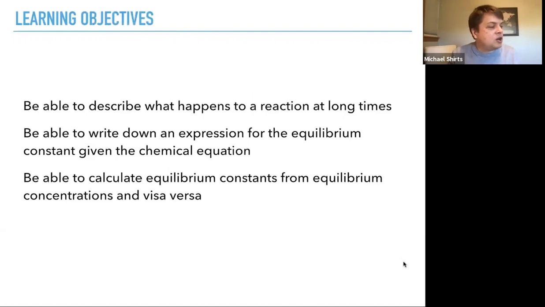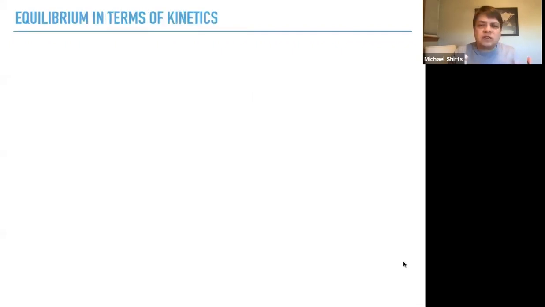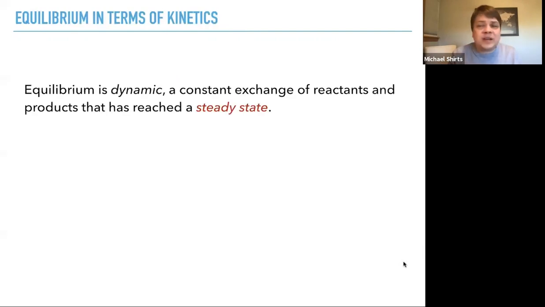Okay, so the easiest way to think about equilibrium, I think, is in terms of kinetics. There's other ways to get at it, but we're going to think about it in terms of the kinetics. So equilibrium, it's important to remember, is dynamic. Molecules don't stop moving when you reach equilibrium, but you have a constant exchange of reactants and products that has reached some steady state.